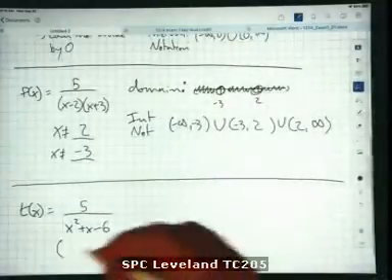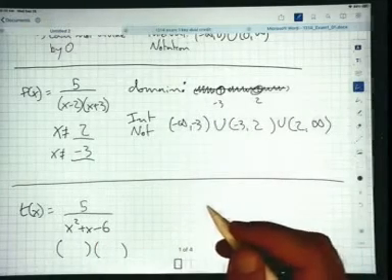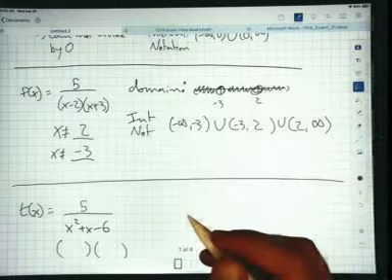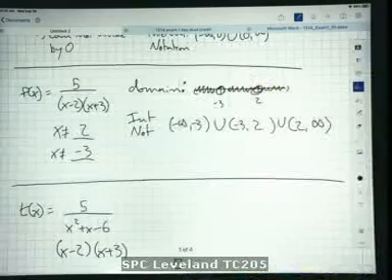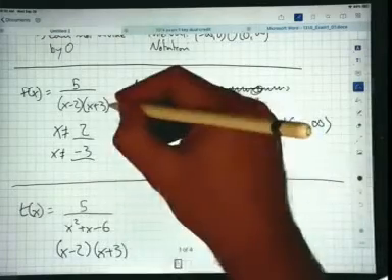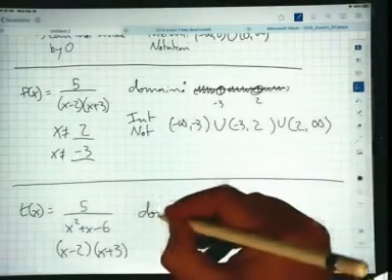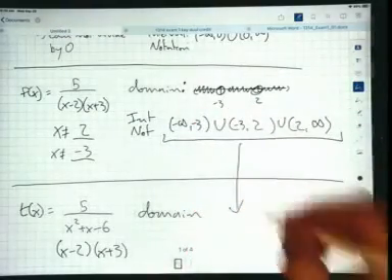And what is the factored form of this? What are the factors of negative 6 that add up to positive 1? x minus 2, x plus 3. So you see what I just did? I just took these and multiplied them together to give me this. And so now you can say that your domain, and I'm not going to write it down again, is that right there.